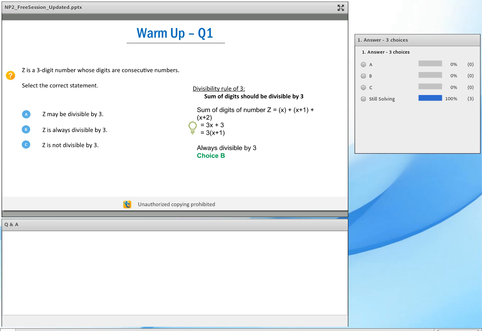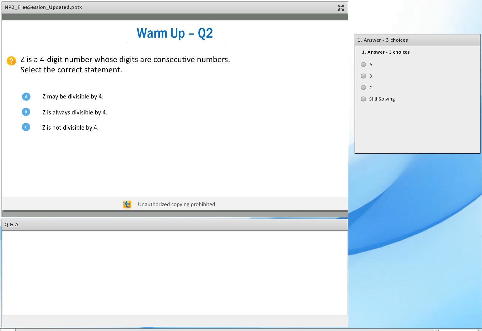Select still solving. Again, this is just us warming up. 3, 2, and 1. Let me end the poll. And then here is the next question.